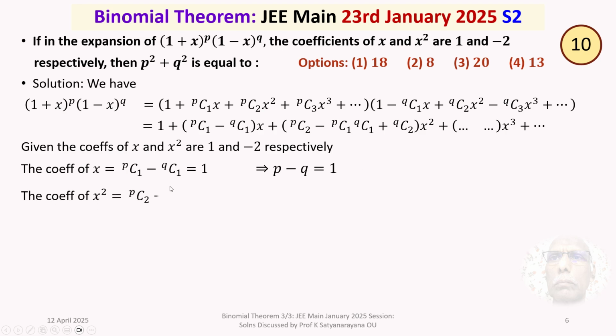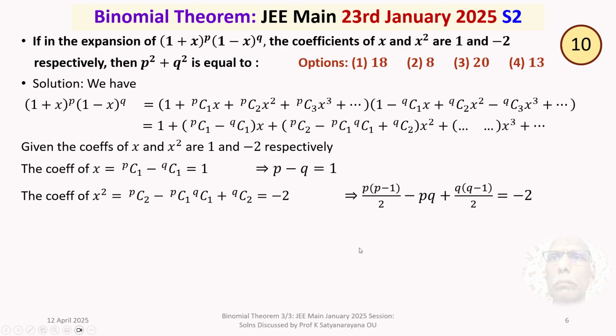The coefficient of x² is pC2 - pC1 qC1 + qC2 = -2. Right, pC2 is p(p-1)/2, pC1 is p, qC1 is q, minus pq, plus q(q-1)/2 is equal to -2.